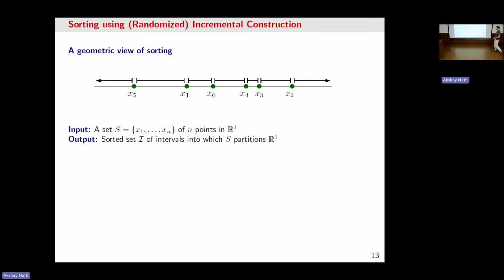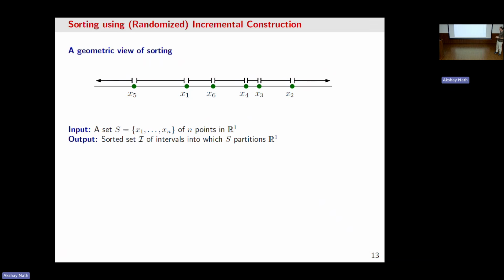So that's the same as saying these numbers partition one-dimensional space into intervals. First there is an infinite interval from -infinity to x5, then one from x5 to x1, meaning x1 is the next larger of x5, and so on. So if I can compute all these intervals, I've sorted my elements.